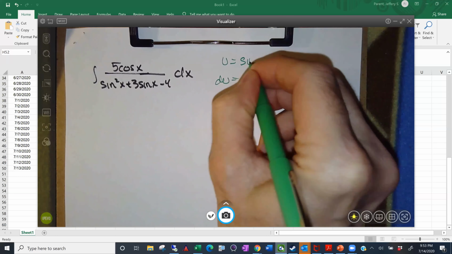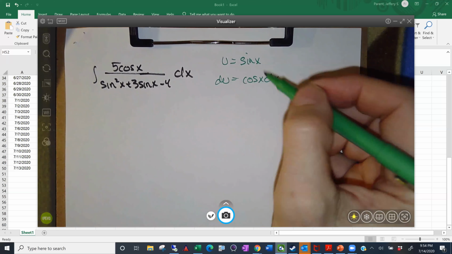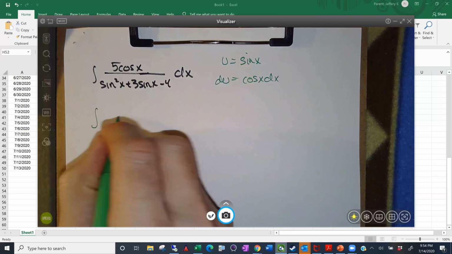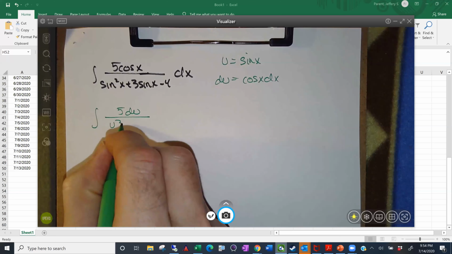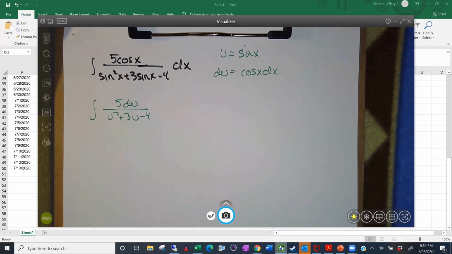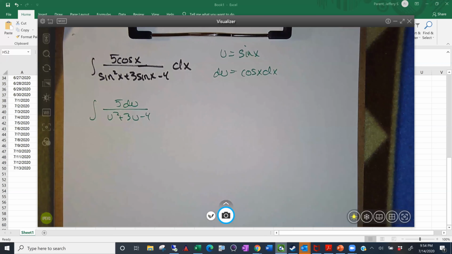How about sine of x? There we go. Yes. Oh, sorry, I didn't see your hand. Yeah, you got it. Thank you. In any case, with this substitution, you've got your du term right here. Let's see what happens to our integral. We're left with 5 du over u squared plus 3u minus 4. Okay, that looks good. Let's see if we can't work with our integrand.